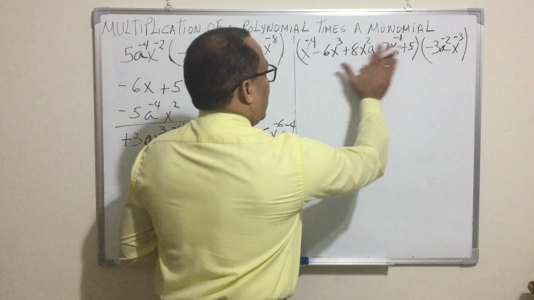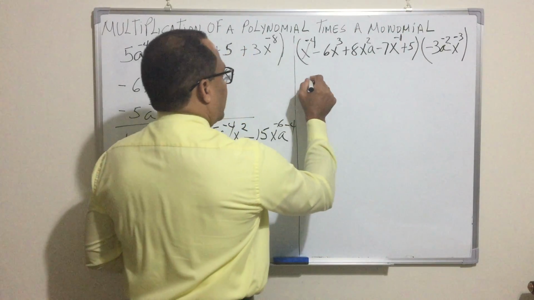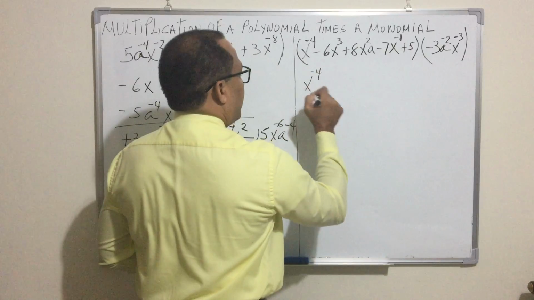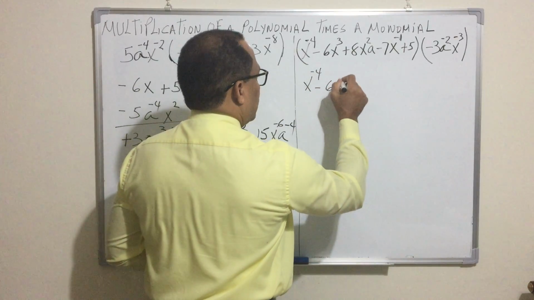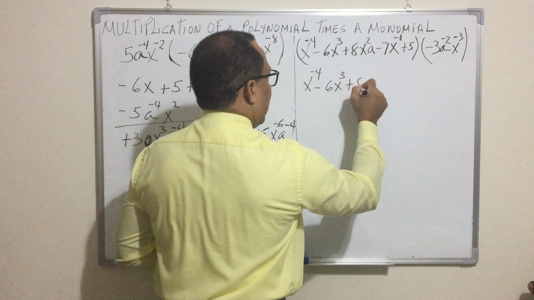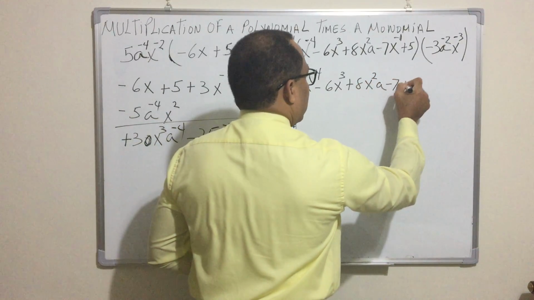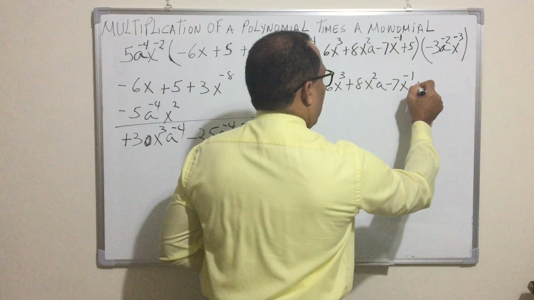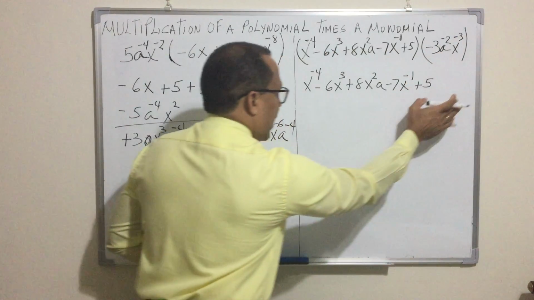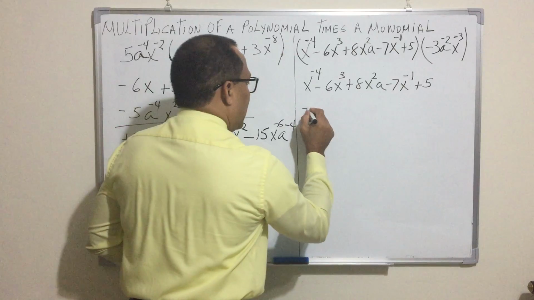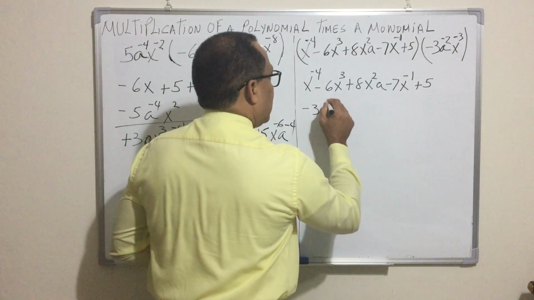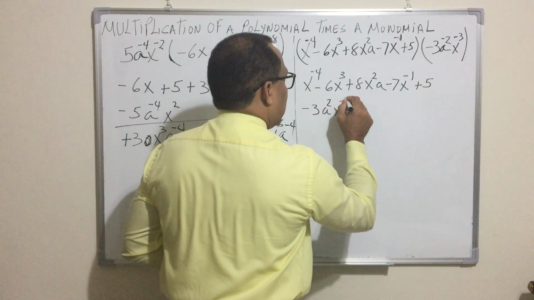Again, I'll bring down the polynomial: x to the negative 4 minus 6x to the third plus 8x to the second a minus 7x to the negative 1 plus 5 times negative 3a to the second, x to the negative 3.